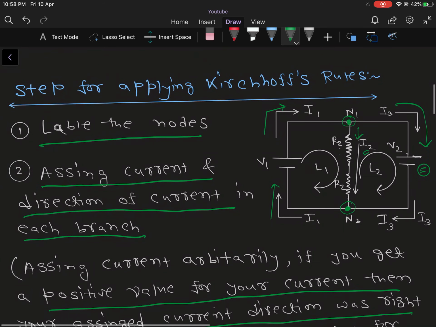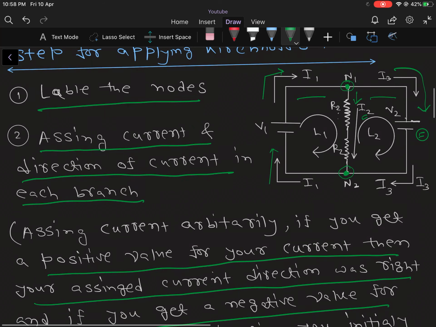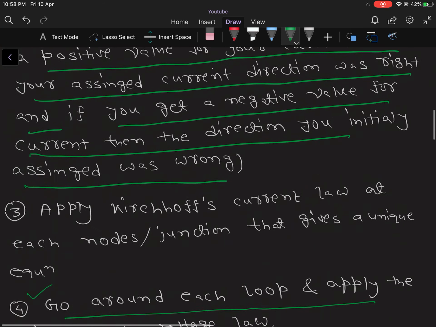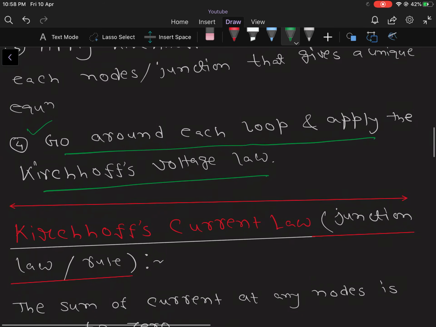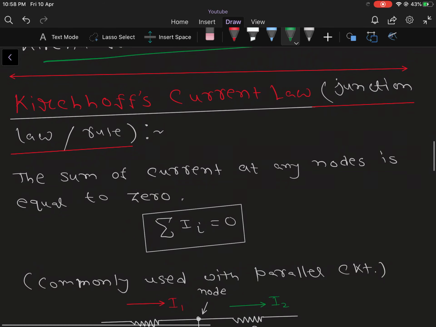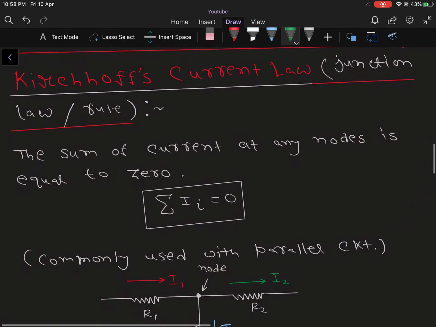So we have to make a loop in each branch. Here there are two branches, so we make loops L1 and L2, and we will go around these loops and apply Kirchhoff voltage law. We will see how to do that. So these are the basic 4 steps.